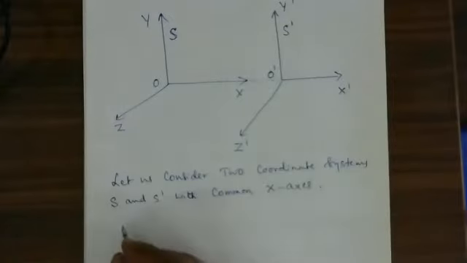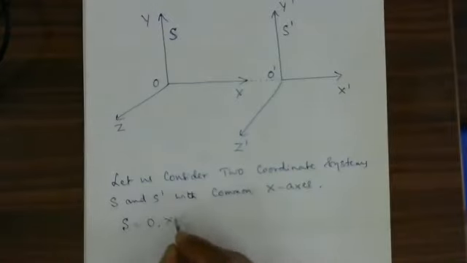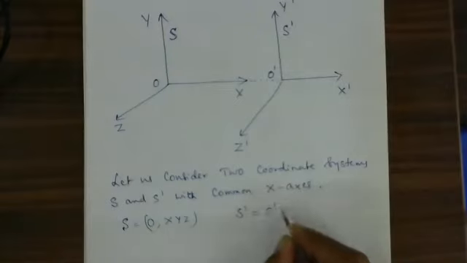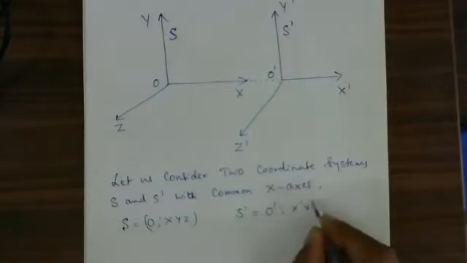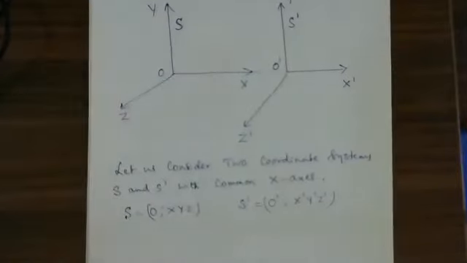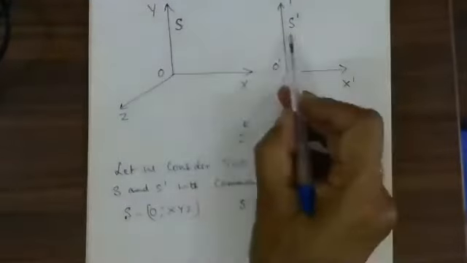And I will consider S is having coordinates O, X, Y, Z. S dash is having a coordinate system O dash, X dash, Y dash, Z dash. They are the coordinates. And let us consider S dash is moving.